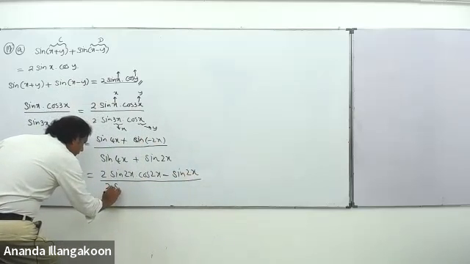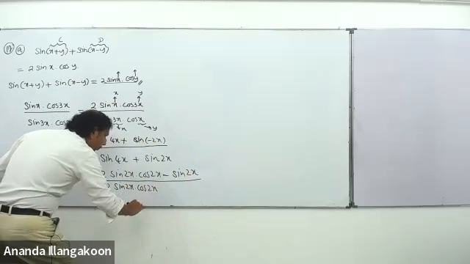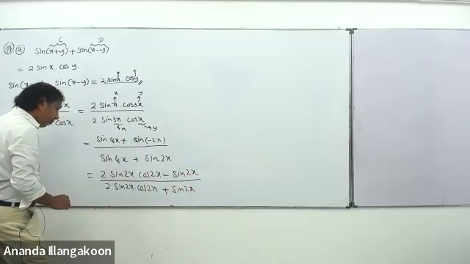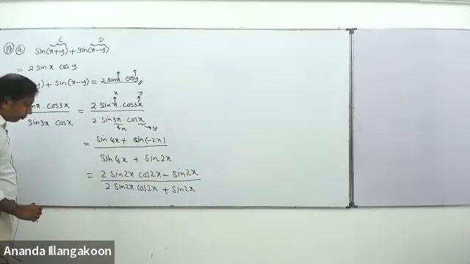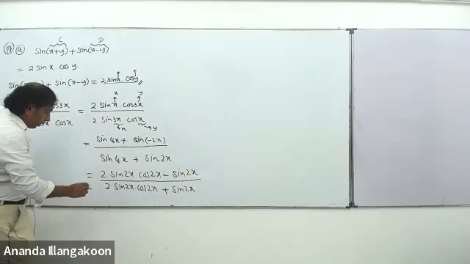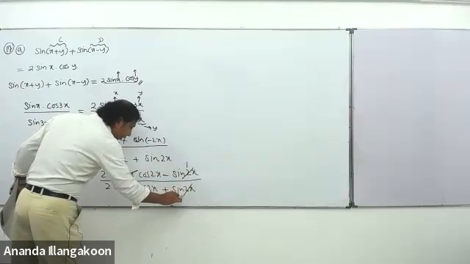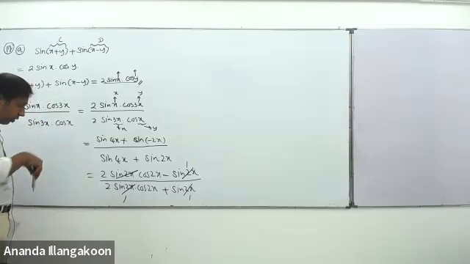Sin 4x again you can write 2 sin 2x into cos 2x plus sin 2x. Now, you can take this sin 2x out from the numerator. That you can cancel down sin 2x coming out from the denominator.